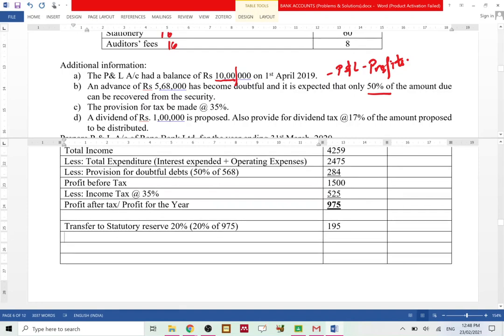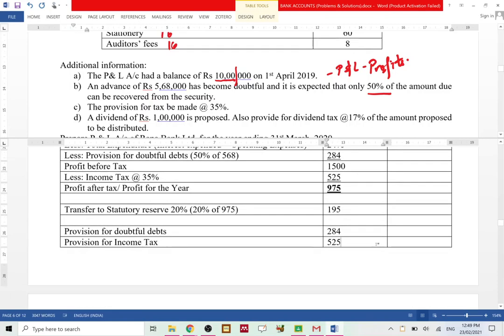All right. So provision for doubtful debts and provision for income tax. Okay, what are the amounts? For doubtful debts it is 284, and for your income tax it is 525.